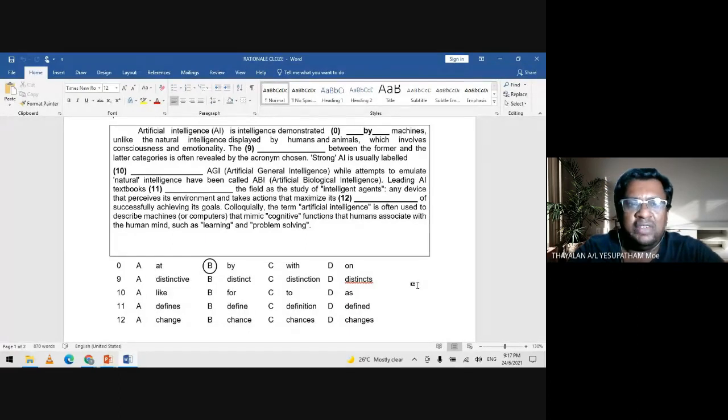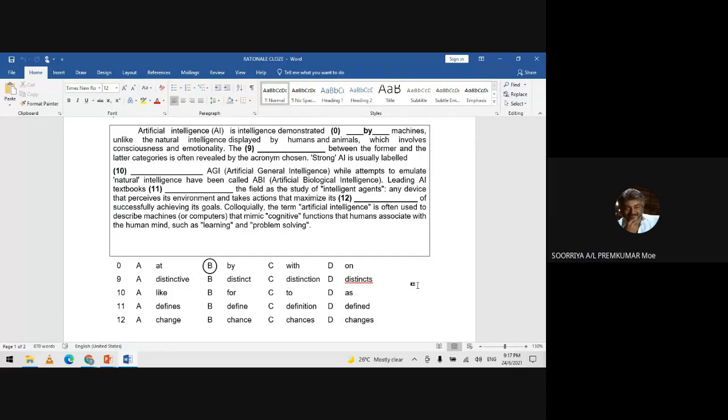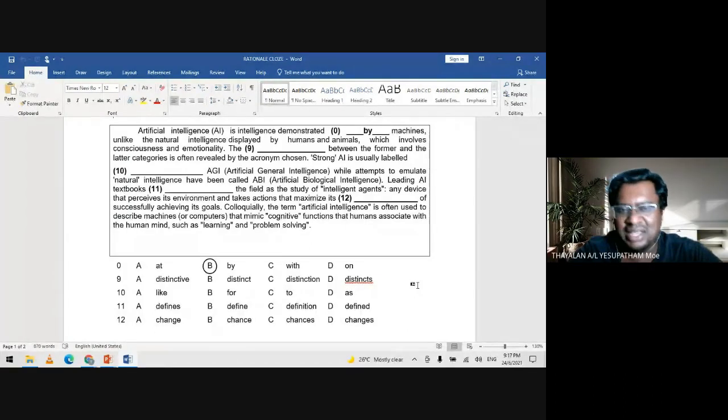Okay. Any device that perceives its environment and takes actions that maximize its, is it change or chance or chances or changes? Chances. Excellent. Chances.